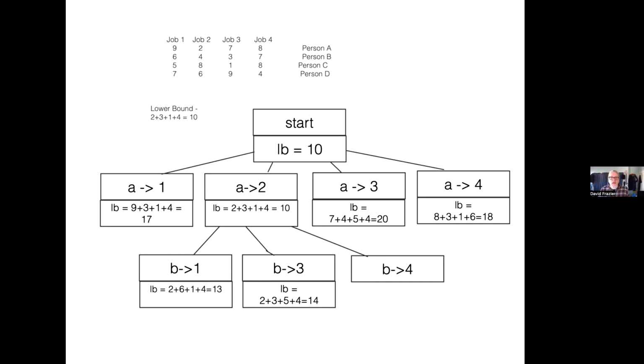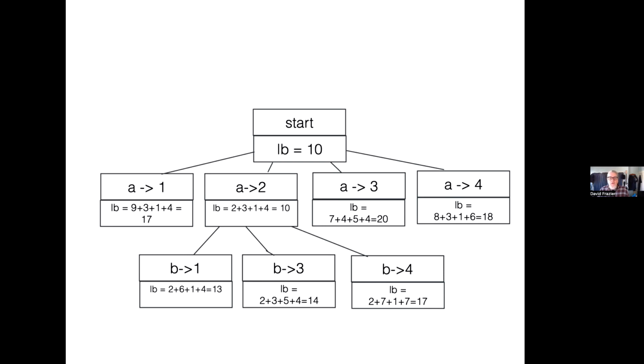Plus person D would be a 7 there, which equals 17. Is the lower bound there. So let's now try to move some of this stuff up, make some more room, which could be fun.